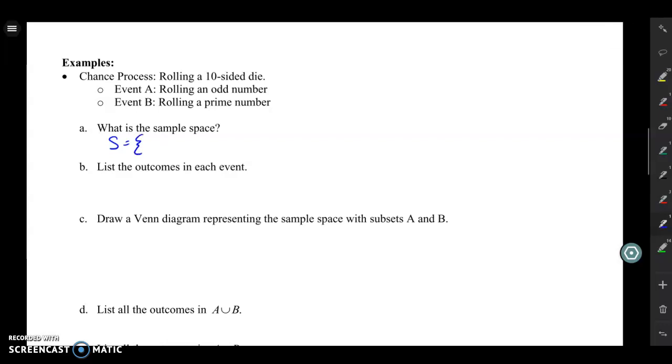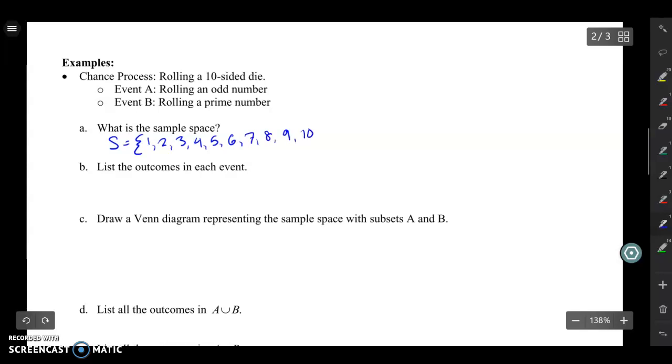This is just any outcome I could possibly get from rolling a 10-sided die. So I could roll a 1, a 2, a 3, a 4, a 5, a 6, a 7, an 8, a 9, or a 10. With the sample space, I'm just listing all the possible outcomes. Now I want to list the outcomes of each event.